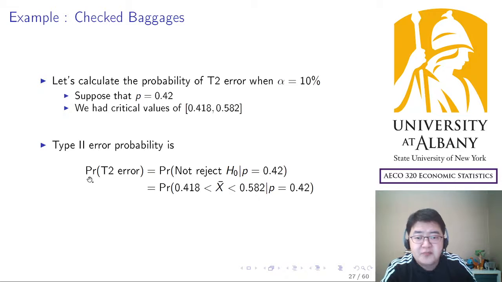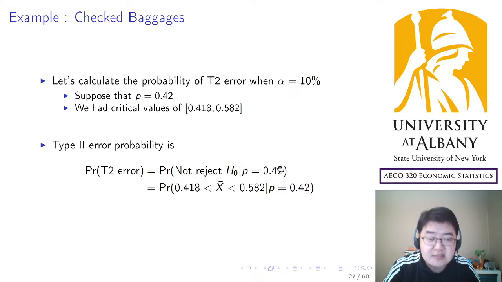Type 2 error probability is the probability that you do not reject the null hypothesis, conditional on the assumption that p is different from 50%, specifically 42% in this case. And now non-rejection happens when x bar lies between the critical values.